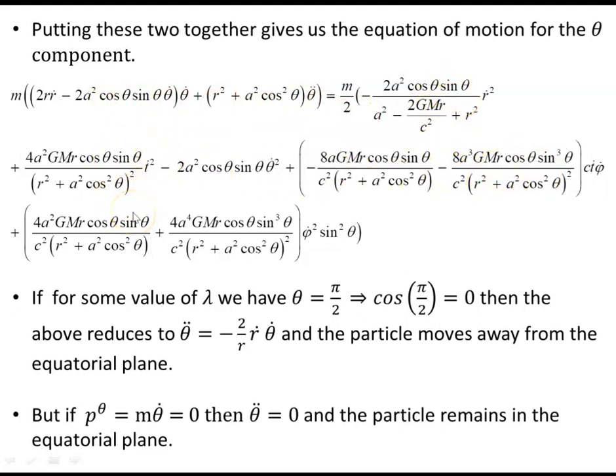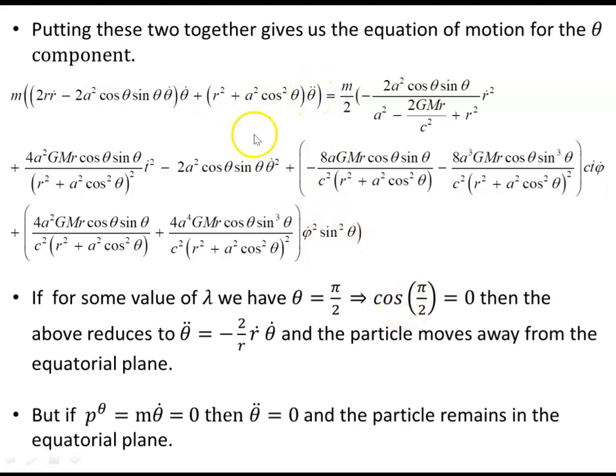And what happens then is that everything over the right-hand side of the equal sign here becomes 0 because there is a cos θ term here, and when θ is replaced by π/2, they're all going to disappear. This term here will disappear, this one will, and what we'll be left with is m times 2r r dot θ dot plus r squared times θ double dot.